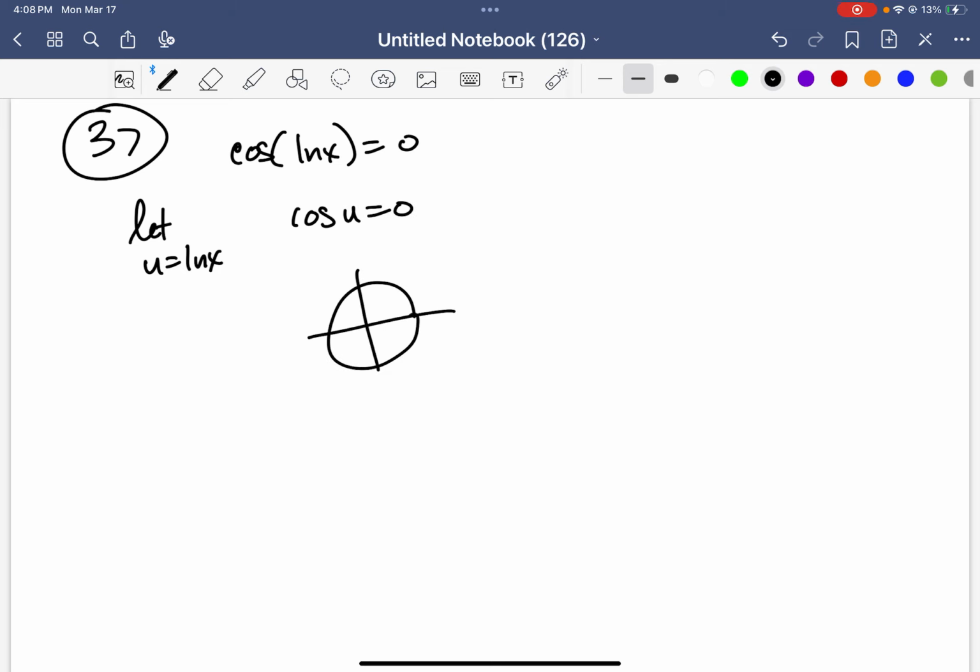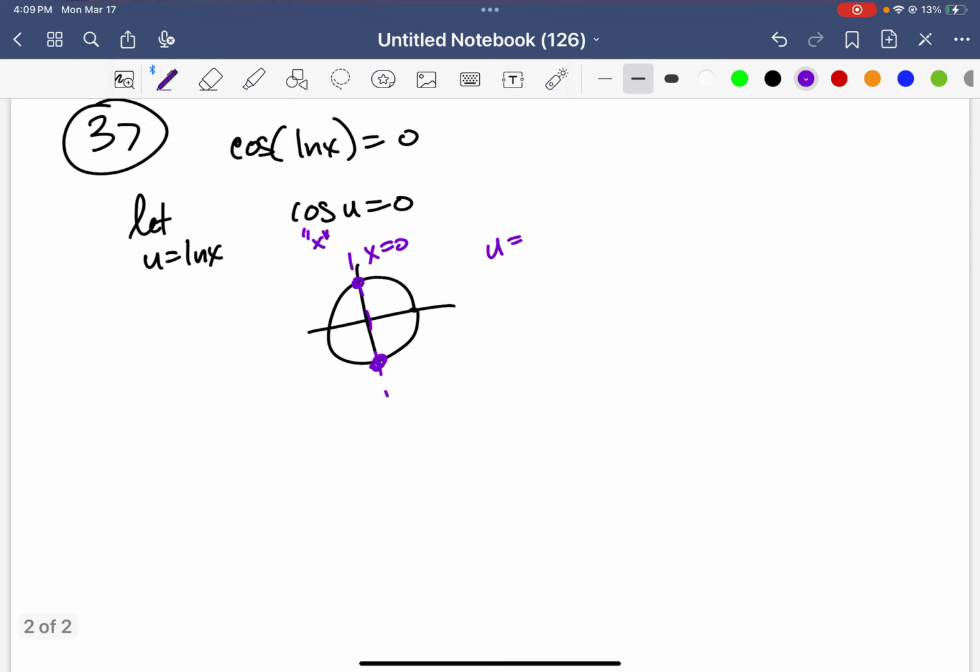By making that replacement, it makes it easier to see that cosine is 0 here and here. So either my input was equal to pi over 2, or my input was equal to 3 pi over 2, plus any sort of 2 pi n. It's going to be one of those two, right?